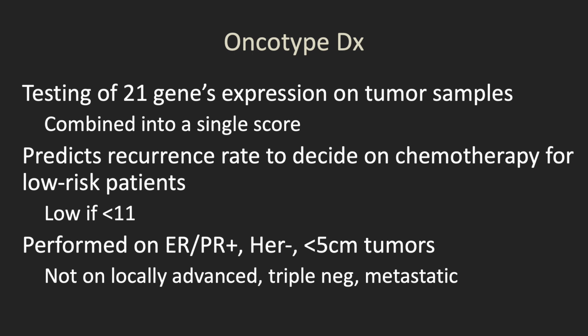So it's typically performed on patients who are ER/PR positive, HER2 negative, less than 5 centimeters. So you don't do this test on patients who have locally advanced, triple negative, metastatic tumors, etc., because those are, by definition, higher risk and are going to have chemotherapy anyway, regardless of their Oncotype diagnostics.